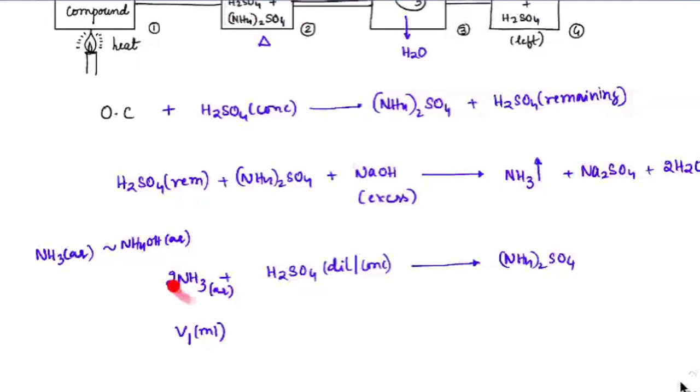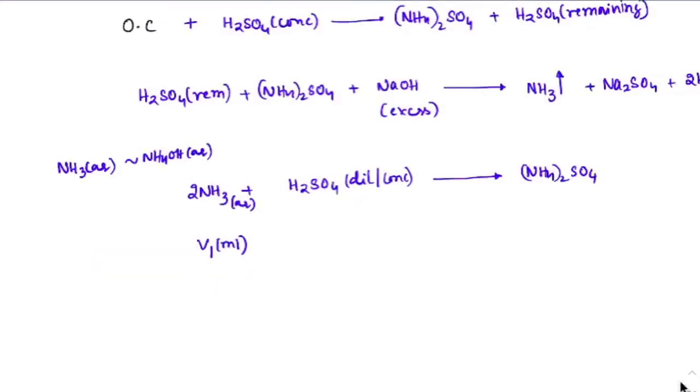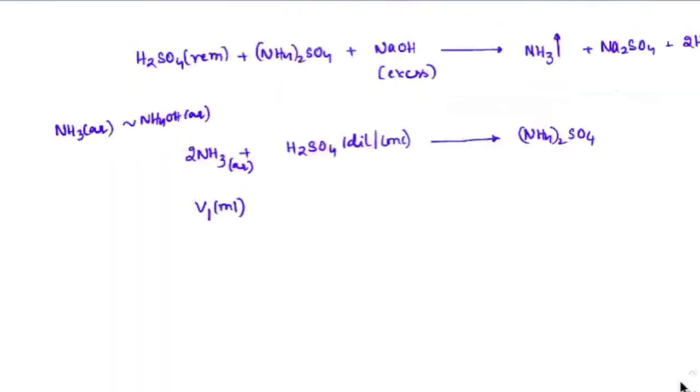Suppose the volume of this ammonia is V1, and the volume of H2SO4 which you are adding is V1 plus V2, correct? If it is V1 plus V2, then we can guess that only V1 volume of H2SO4 would be utilized, considering they have the same concentration.